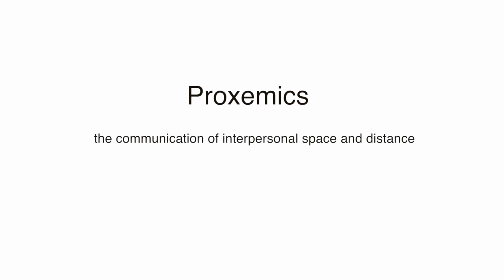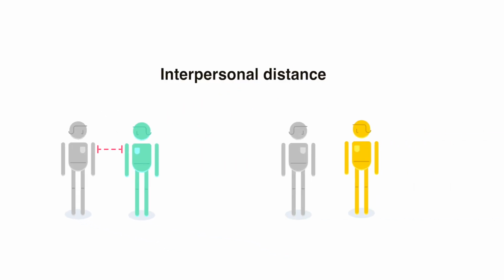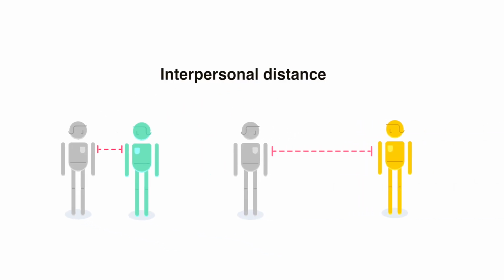The second one is proxemics. This is the communication of interpersonal space and distance. Think about what interpersonal distance you would keep in order to show respect, friendliness, or intimacy. And what would happen if your intimate distance is another culture's friendly distance?